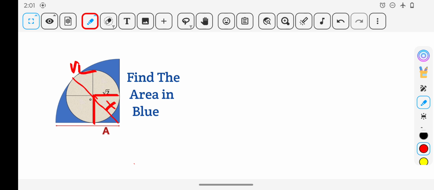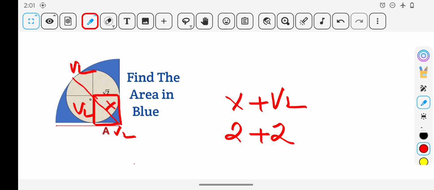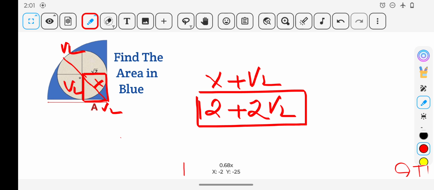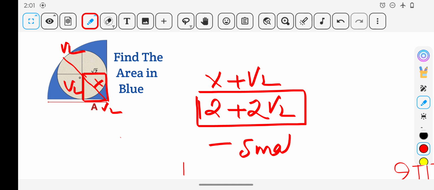We made a square like that, and every side is root 2. Then we used the Pythagoras formula and calculated the value of x. We found x equals 2, so 2 plus root 2 was the radius of the big quarter circle. Then we calculated the area of the big quarter circle and subtracted the smaller circle to get the area of the blue.